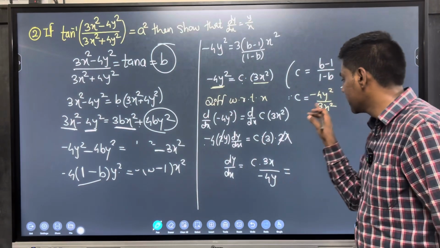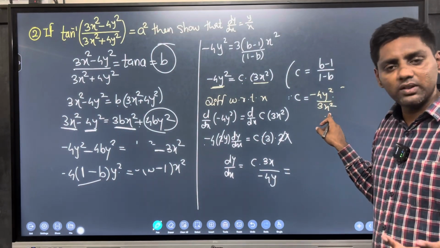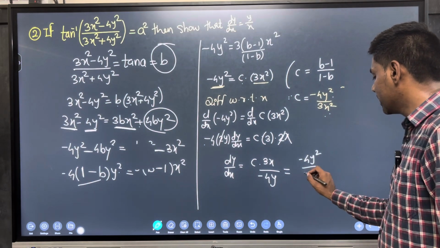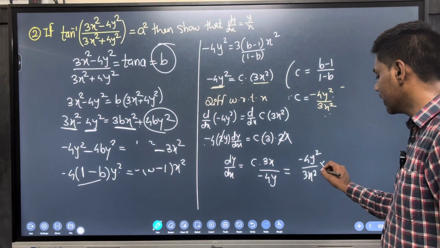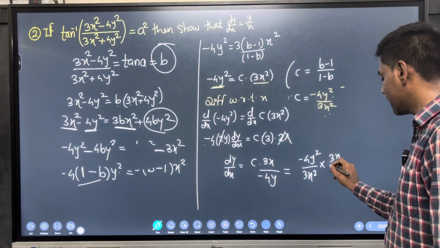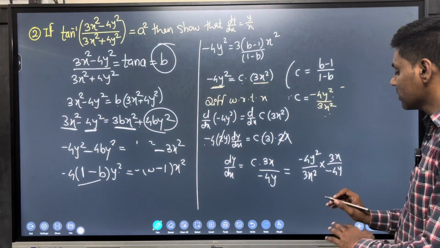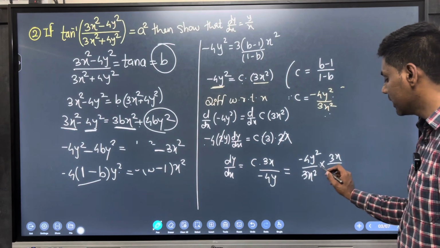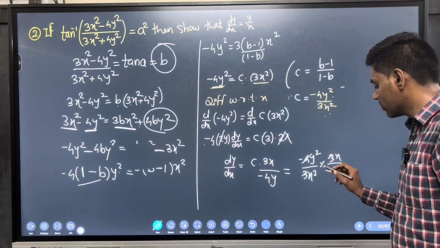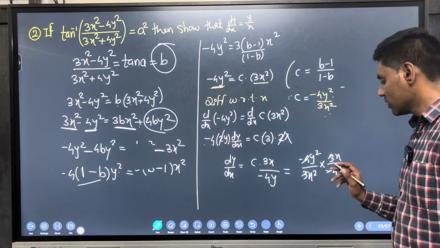So what is the value of c here? Minus 4y square divided by 3x square. So substitute. So minus 4y square divided by 3x square into, this is the remaining value as it is, 3x divided by minus 4y. So here very simple. So 3 gets cancelled, same numerator and denominator, then minus 4 also gets cancelled. So what is remaining?